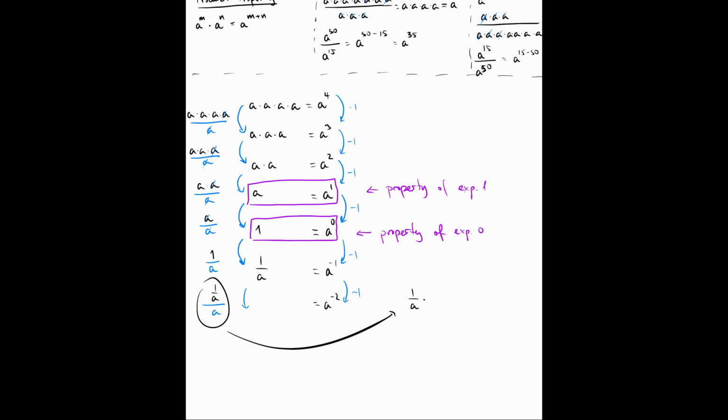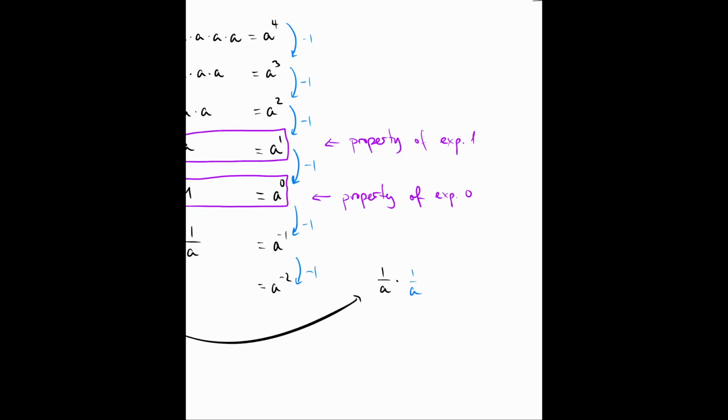So that would be 1 over a times 1 over a, because the reciprocal of a is 1 over a. Well, 1 over a times 1 over a is 1 over a squared.